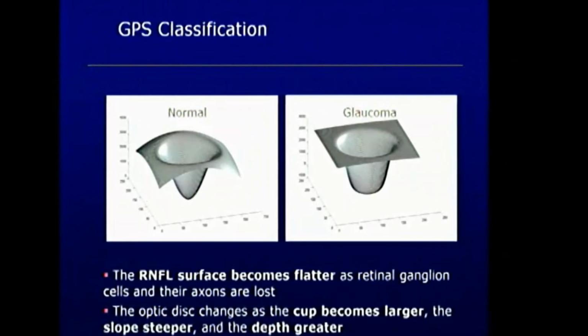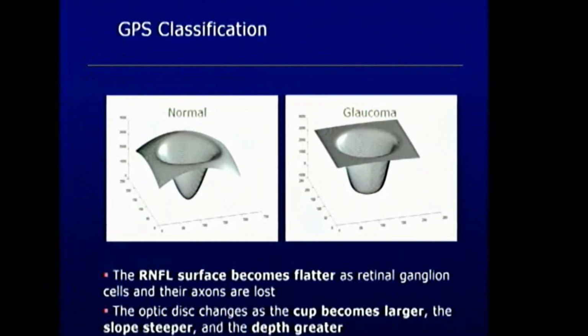Now, as glaucoma becomes more advanced, the retinal nerve fiber layer surface becomes flatter around the optic disc. And the cup becomes larger, steeper, and deeper. So we know that eyes with glaucoma tend to have a certain shape cup compared to normal eyes.